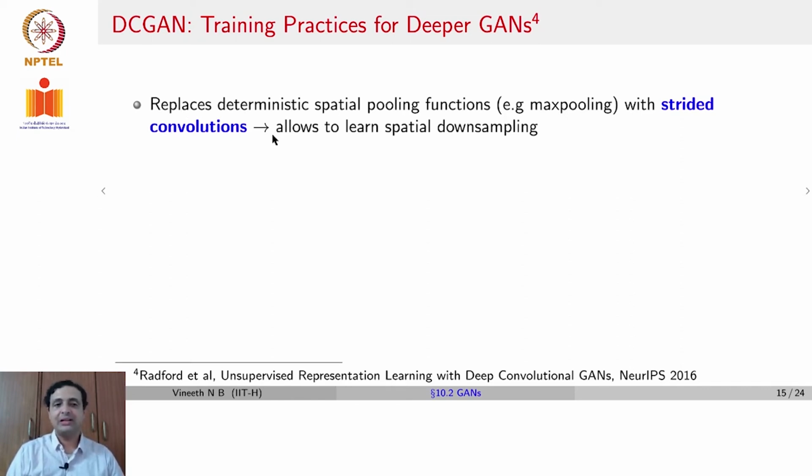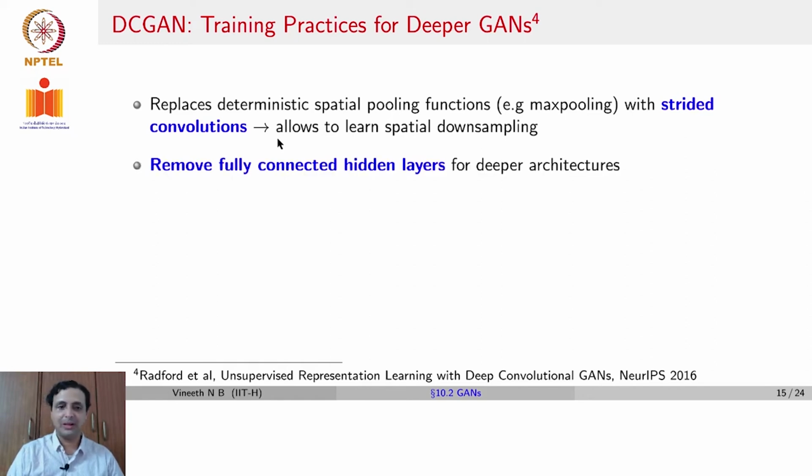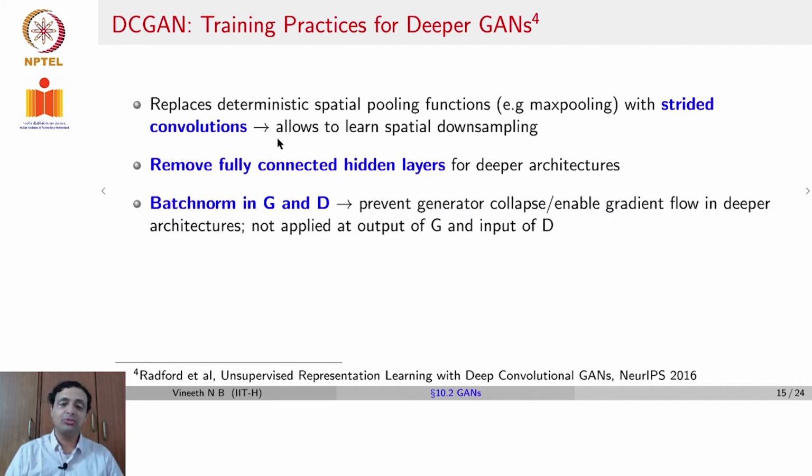It replaced deterministic spatial pooling functions such as maxpool with strided convolution. This allowed to learn spatial downsampling. It removed fully connected hidden layers for deeper architectures, so just convolutional layers, nothing more. It introduced batch normalization in both the generator and the discriminator. This helps prevent generator collapse or helps gradient flow in deep architectures.